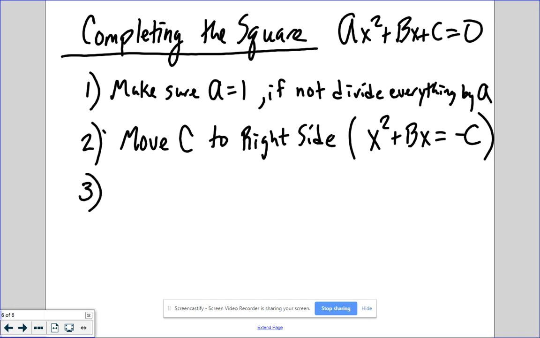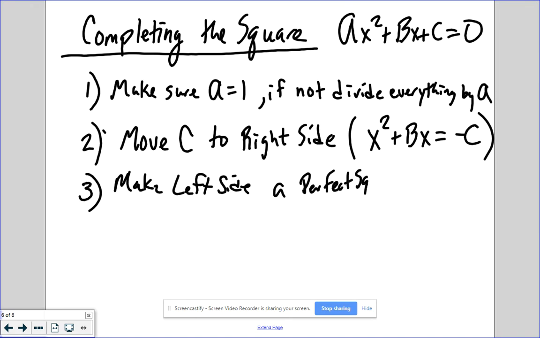Third step is to make the left side a perfect square. Okay? So we want to be able to write the left side as x squared plus bx plus c. And I'll show you what I mean by that.